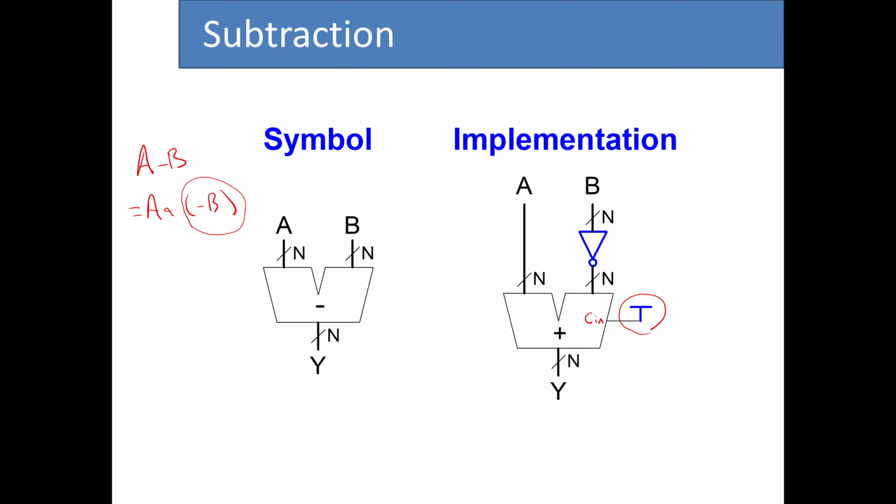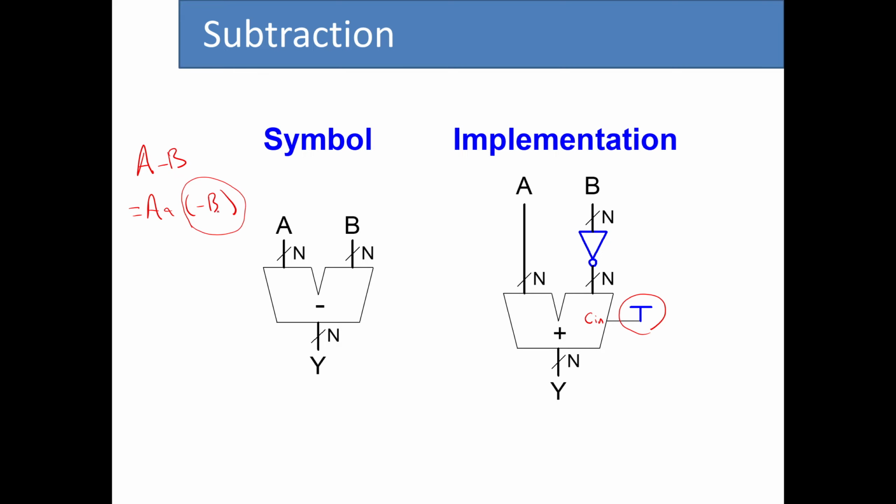But when we want to do the addition only, the carry in that we have for the first stage, we just put as 0. But for doing the subtraction, we need to calculate the value B with a negative sign. That requires all the bits to be flipped as well as being added with 1.